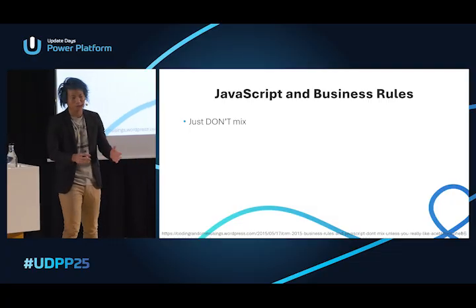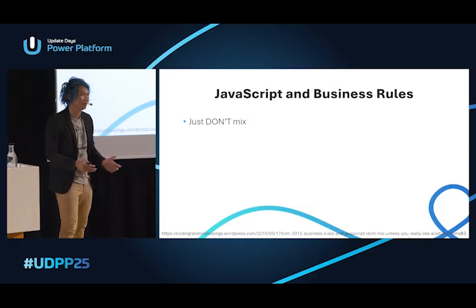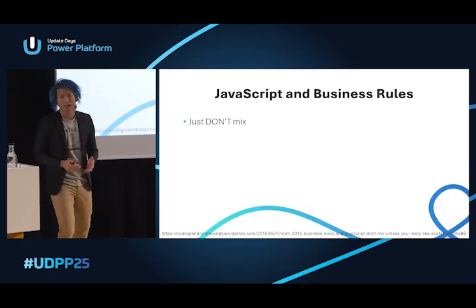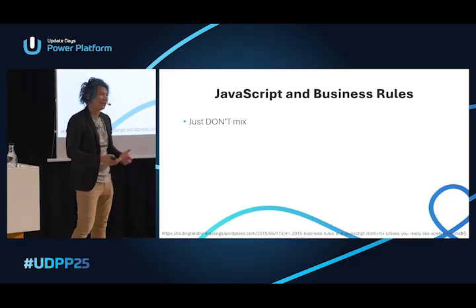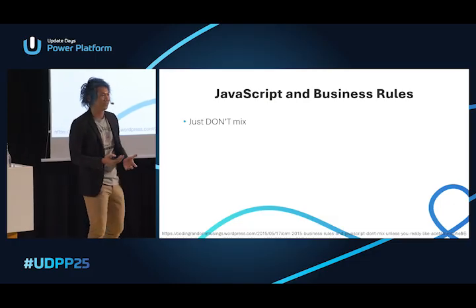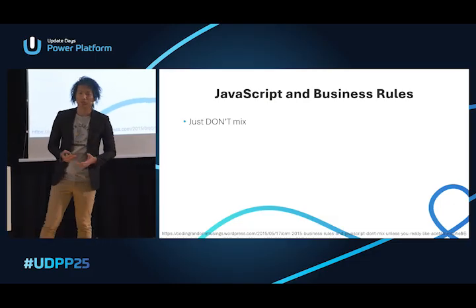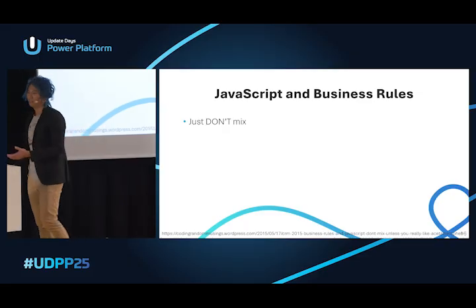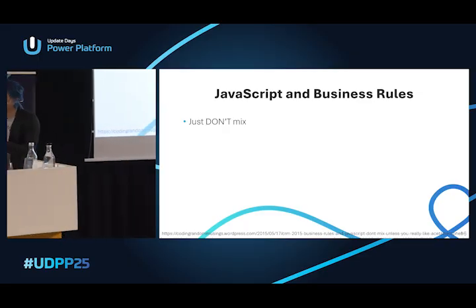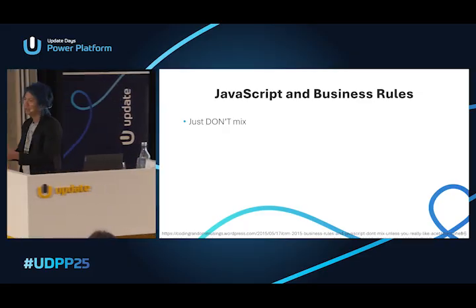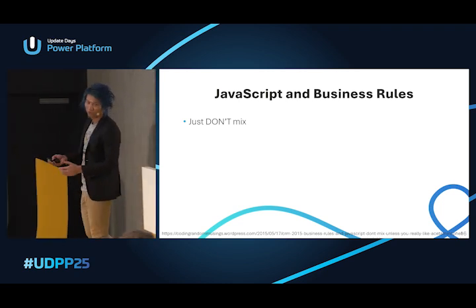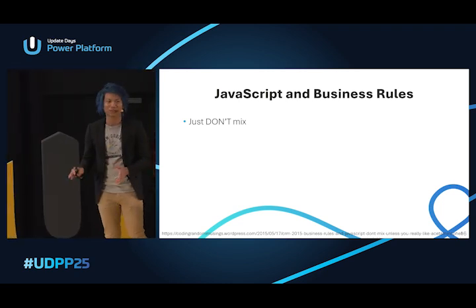For small screens, small forms, they do this validation. But when it really gets complicated, showing and hiding sections and tabs, filtering the lookup and all these things, in that case, we try to rewrite those business rules, deprecate and delete them.